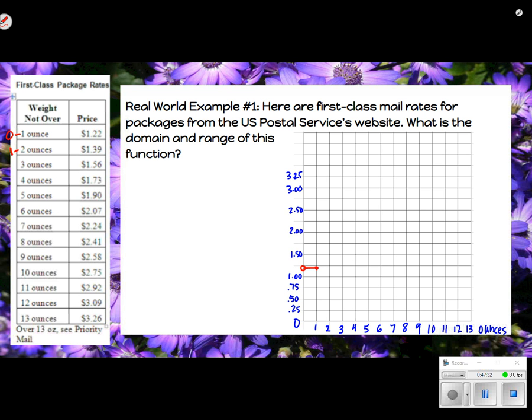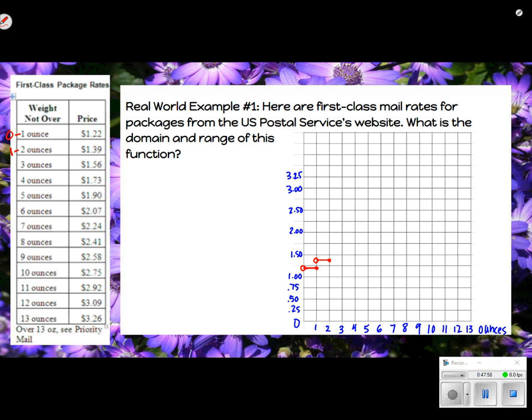That's going to be 25, probably about almost halfway. Again, remember, we're estimating. So we're going to have an open circle right there and a closed circle right there. So that's between 1 and 2 ounces. Slightly bigger than 1, but definitely at 2, we're paying $1.39.